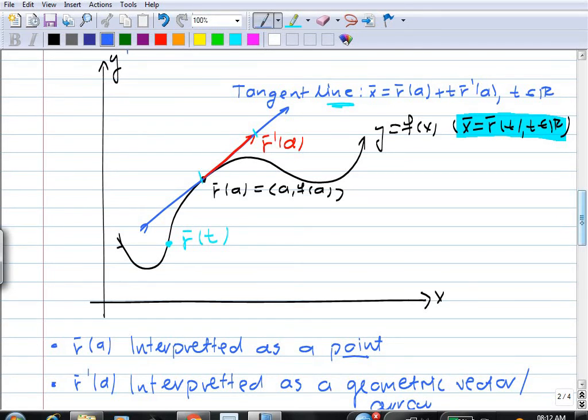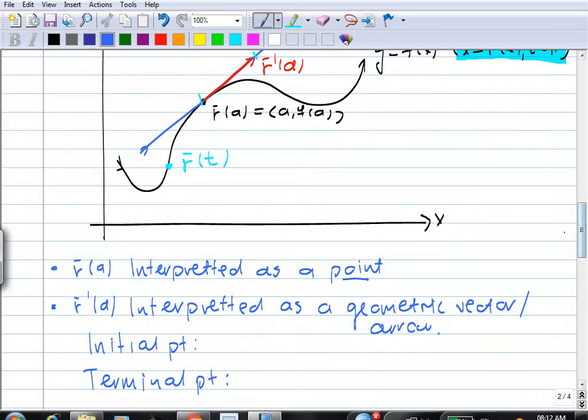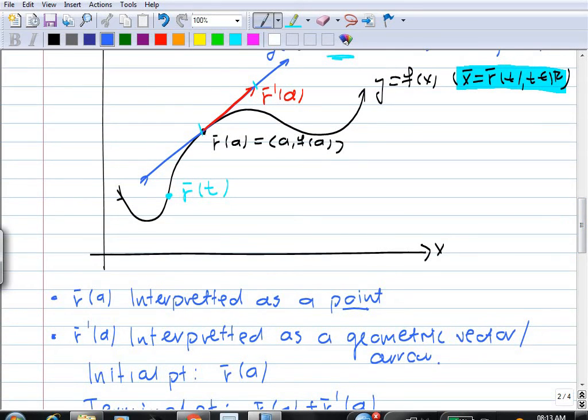Right? And it is the geometric vector or arrow with initial point r at a and terminal point r of a plus r prime of a. Right? So here in our picture, there's r of a, and there's the terminal point r of a plus r prime at a.